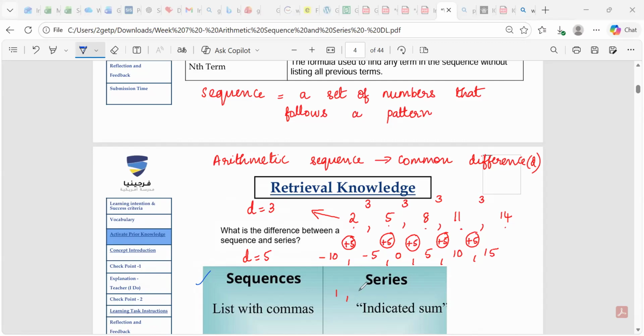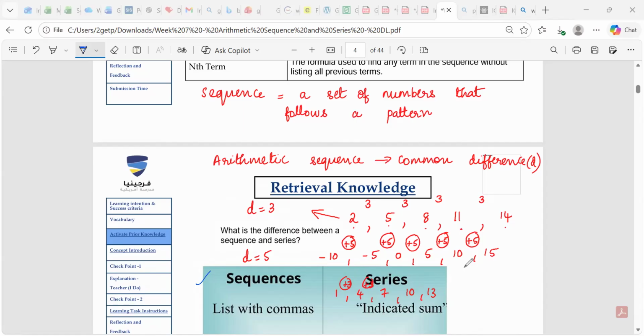Another example, 1, 4, 7, 10, 13. This is also an example for arithmetic sequence because we have to add 3 to get the next term.